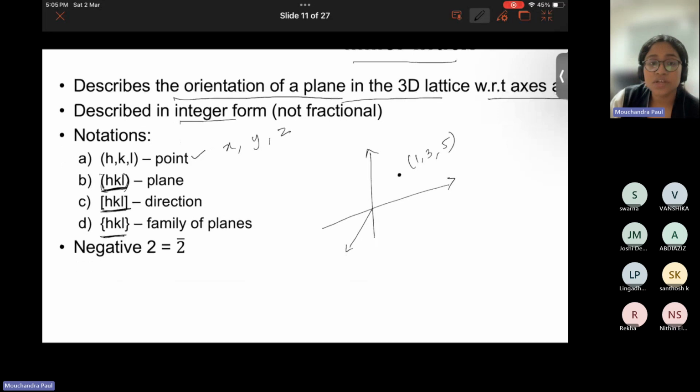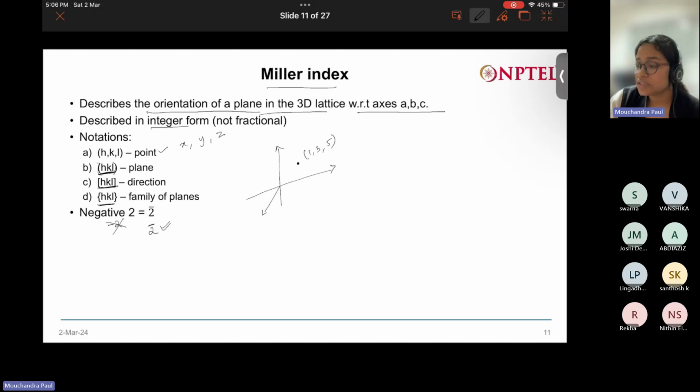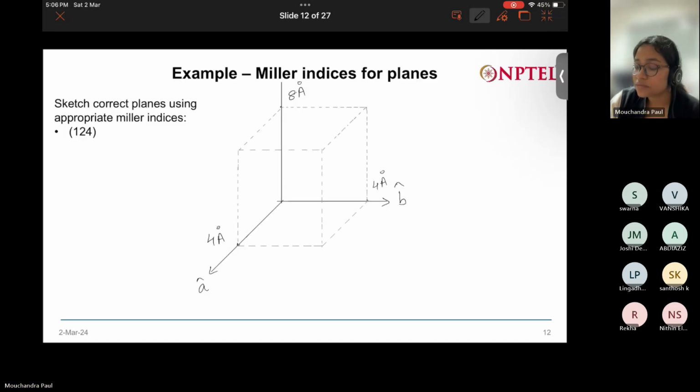Also, in your notation, you will not write a negative sign. Rather, -2 will be written with a bar symbol on top of it. This will denote -2. These are some basics about how to represent Miller index and what mistakes not to make when you're representing the Miller index.